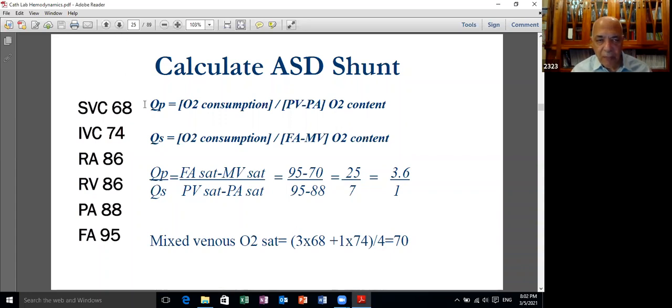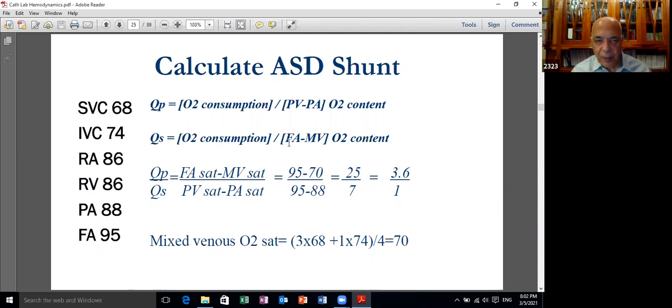So the pulmonary blood flow is oxygen consumption divided by the difference between the pulmonary venous oxygen saturation and the pulmonary artery saturation across the pulmonary circulation, and the systemic flow is equivalent to the oxygen consumption, which is usually assumed, as I detailed before, divided by the femoral artery and the systemic arteriovenous oxygen saturation difference.